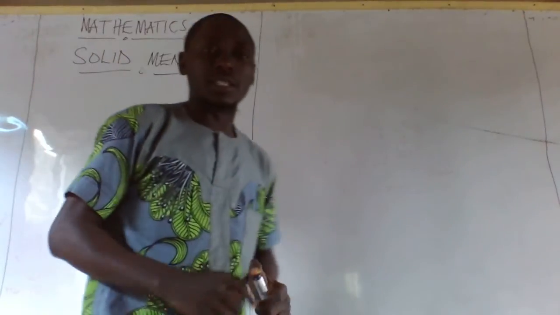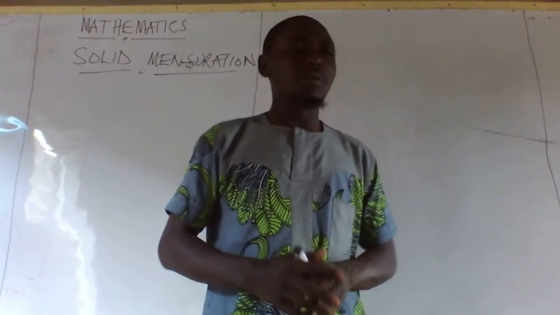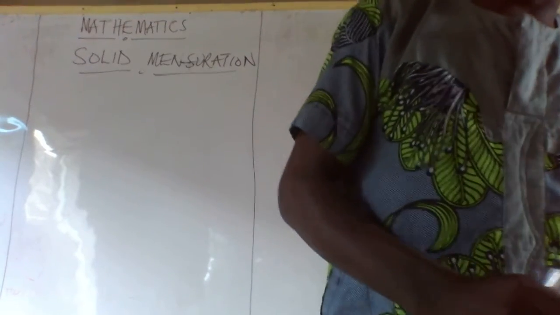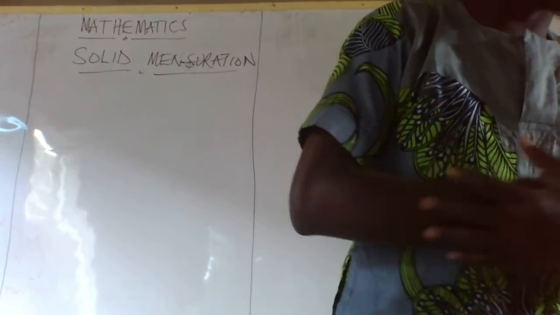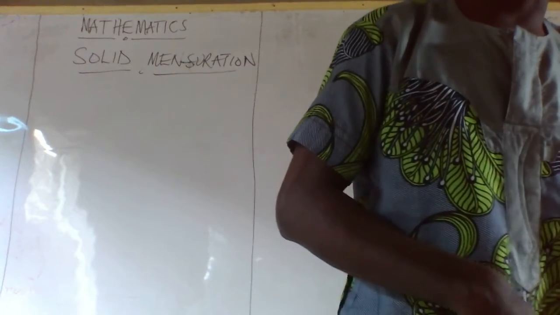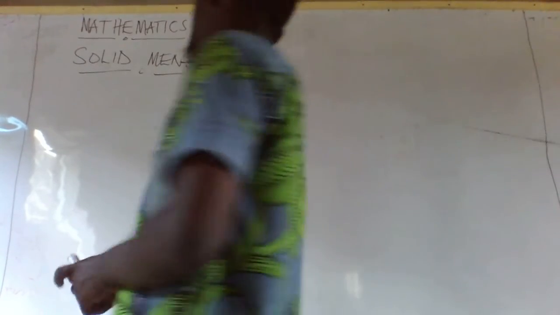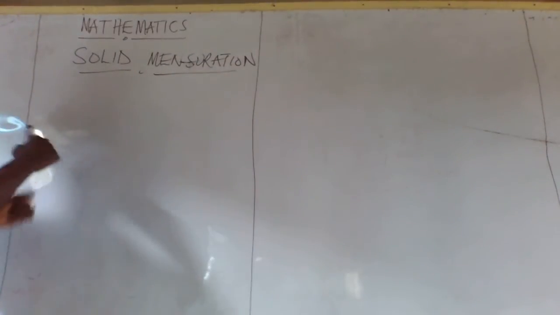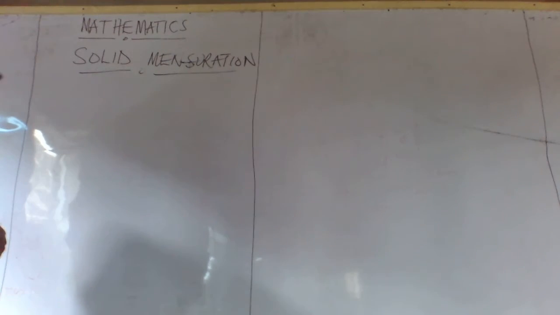It's better put as mensuration. Now, we'll be looking into what we mean by solid mensuration, where we discuss the surface areas and volumes of some solid shapes.